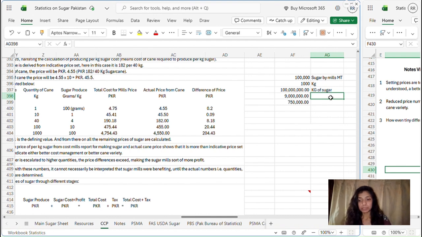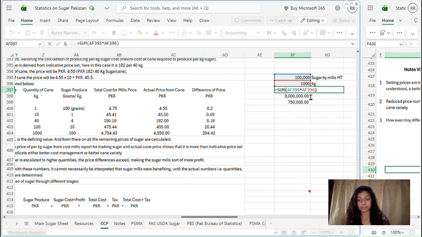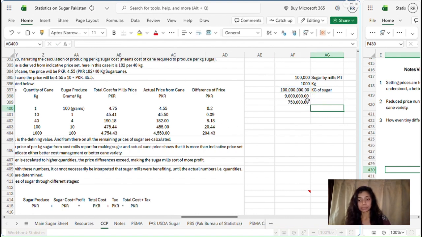So when we try to see how much is saved through this 9 pesos, we multiply this 100 million kgs of sugar with 9 pesos here, and we get the difference of 9 million.